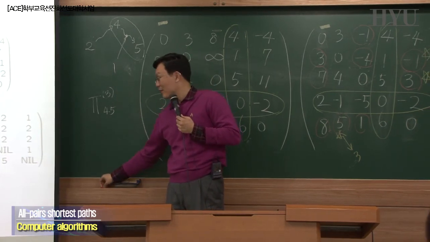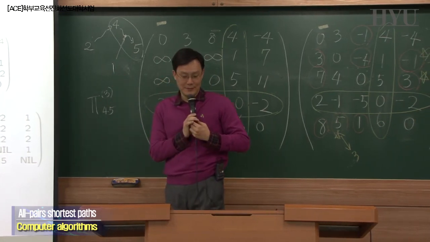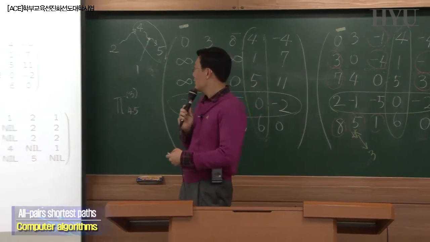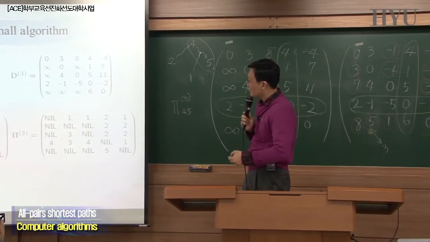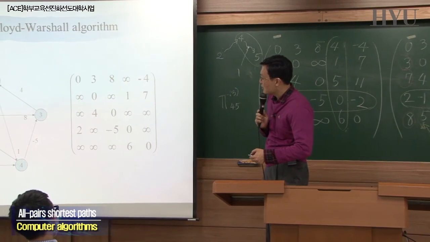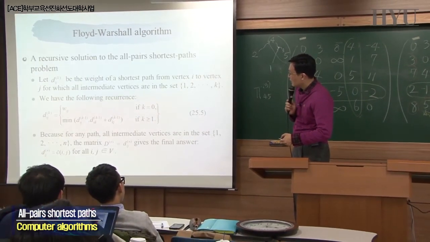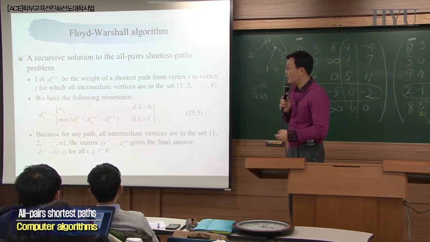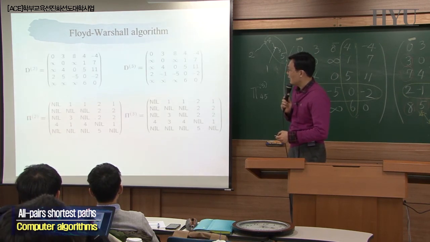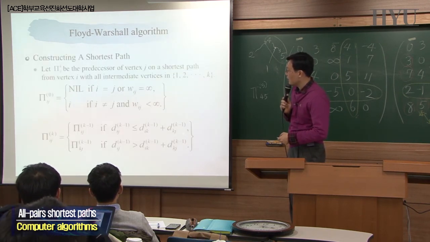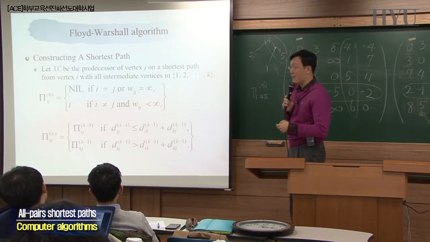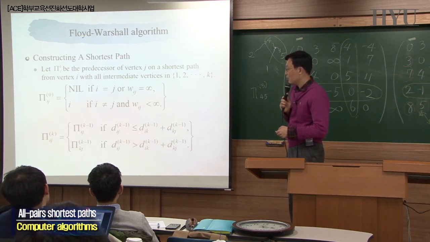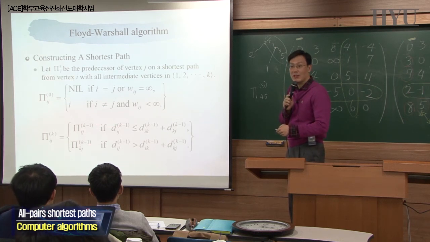So that's why. So the formal description is: the description of the D table is given here, and the formal description of the pi table is given here. So if the value doesn't change, we use the old value in the pi table.